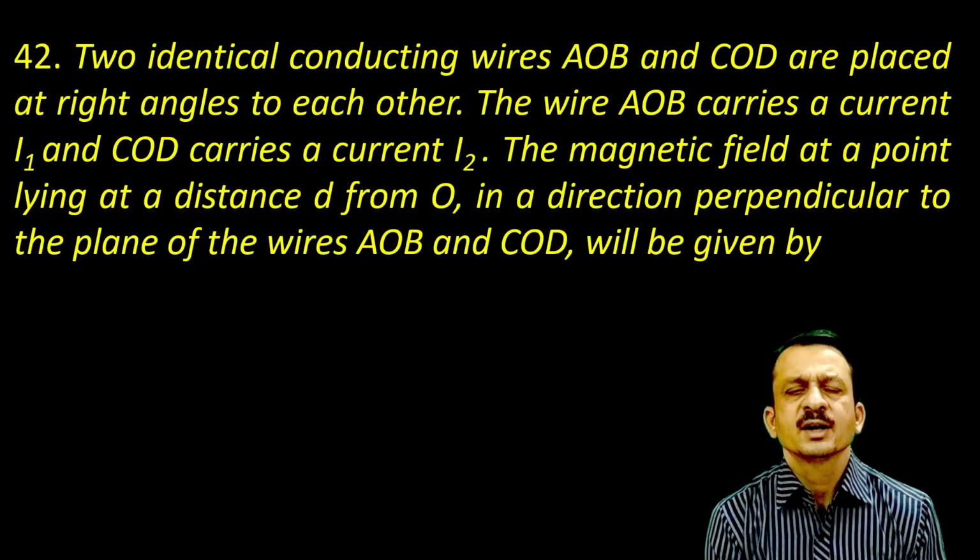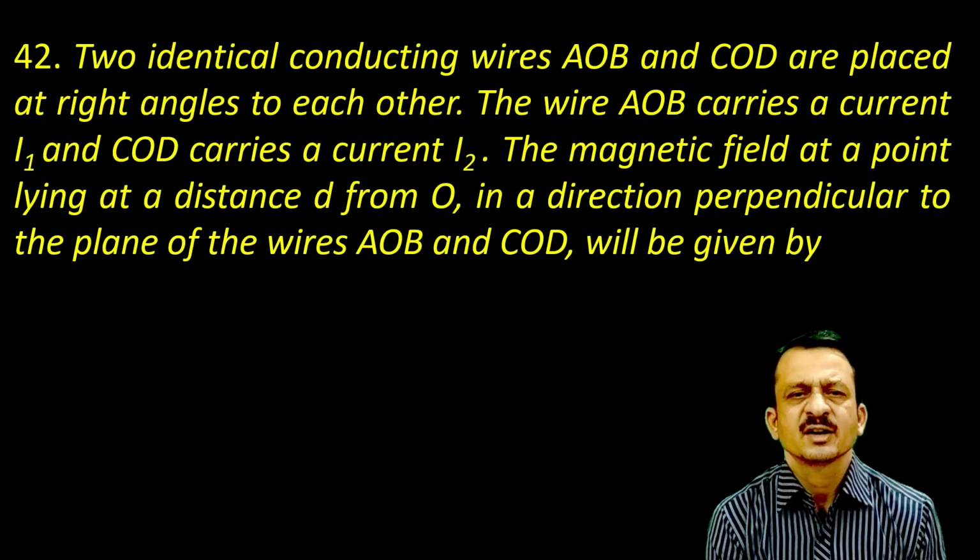Two identical conducting wires AOB and COD are placed at right angles to each other. The wire AOB carries a current I1 and COD carries a current I2.